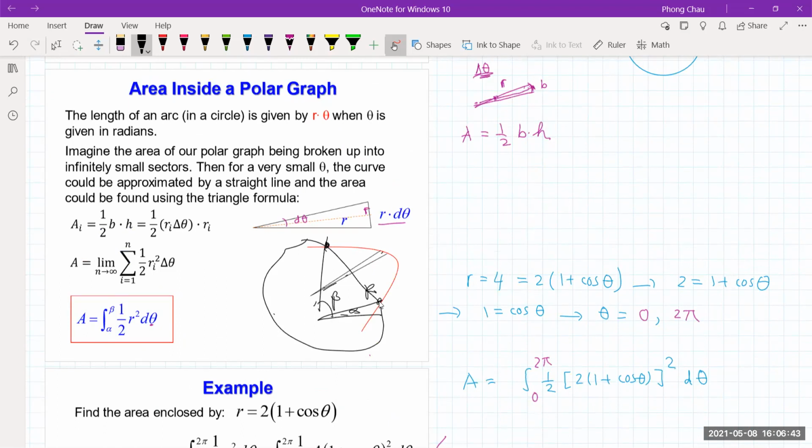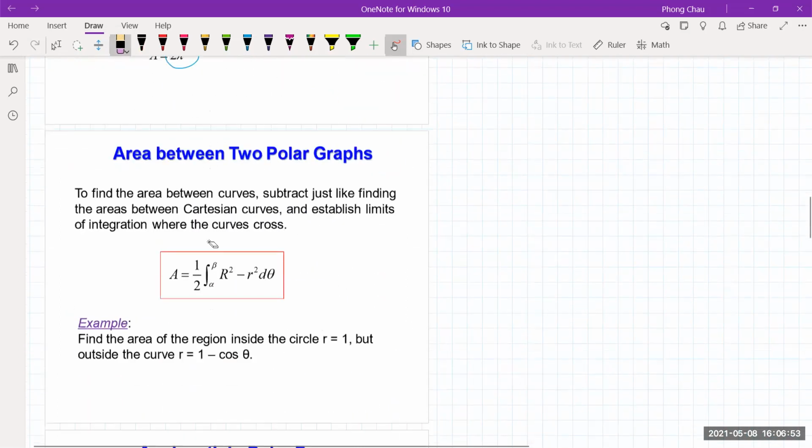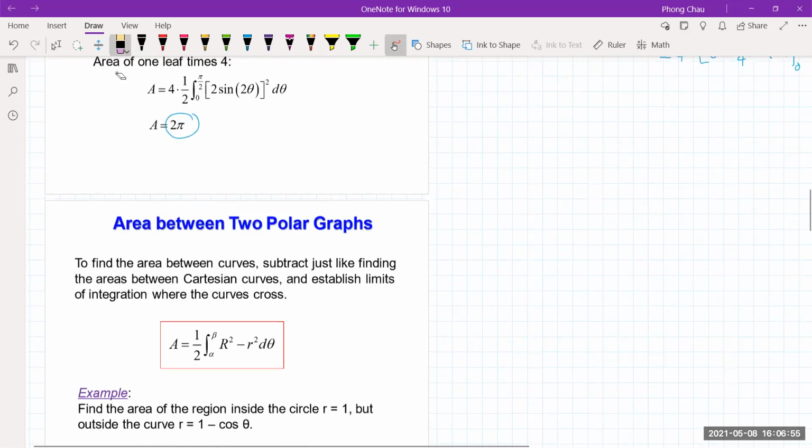So at this point and this point. You may have to find the intersection point, or find where the curve crosses.